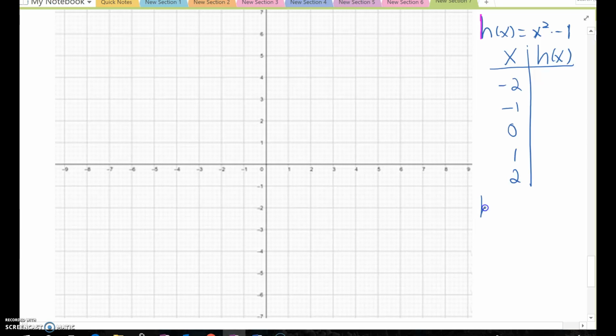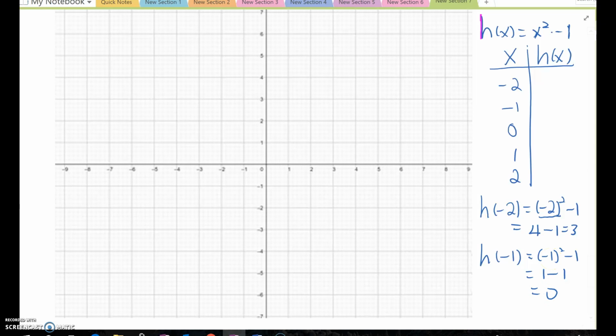You plug in -2, then this becomes (-2) squared minus 1. We know (-2) squared means 4, so 4 minus 1 becomes 3. If you plug in -1, then it becomes (-1) squared minus 1, so 1 minus 1 equals 0. So the outputs are a little bit different from what we found from the previous one. So it becomes 3, 0. If you do the same procedure, then you will get -1, 0, and 3.